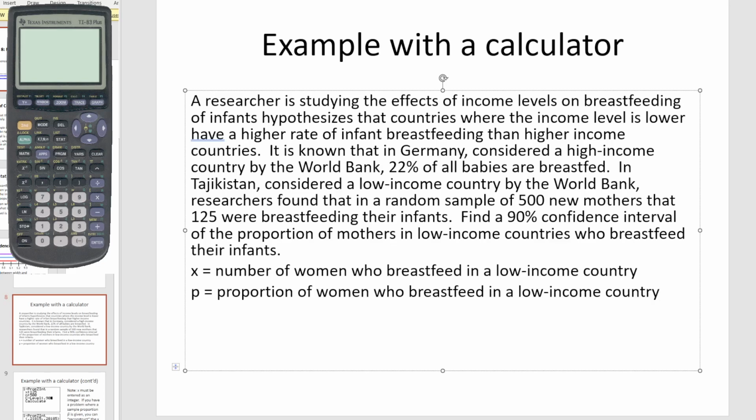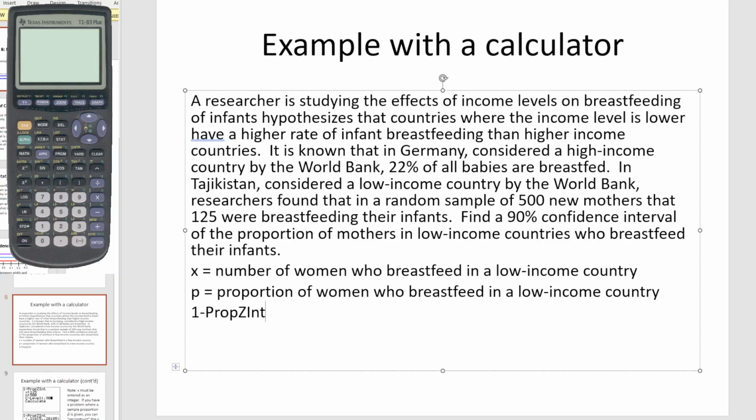Now, to find the sample statistic and confidence interval, we can do this all at the same time. Now we're going to use a calculator function called 1-PropZInt. We access this on our TI-83 or TI-84.